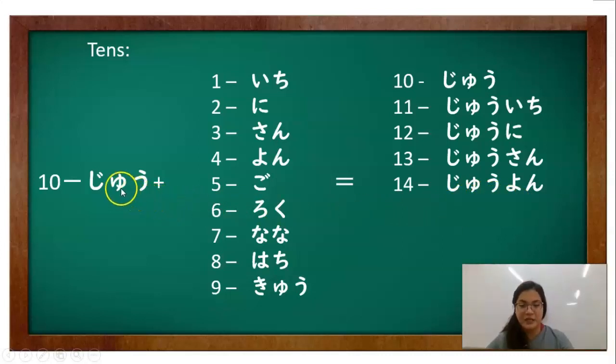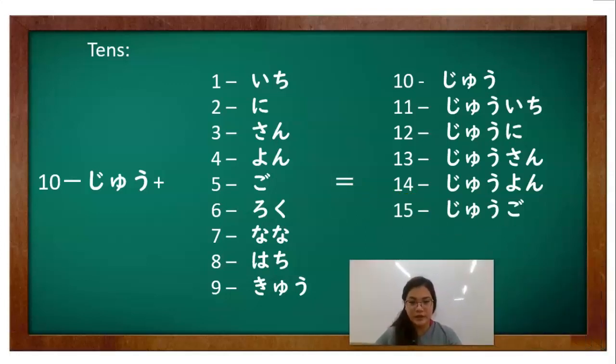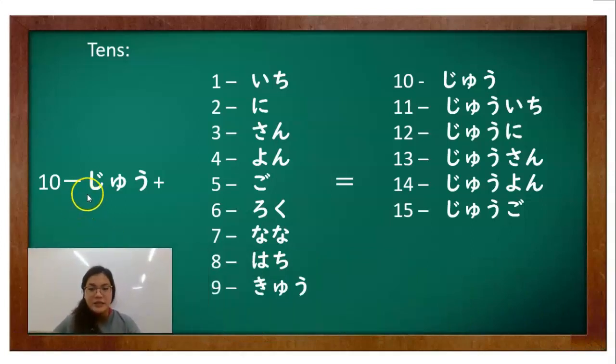Next, 15 is ju plus go equals jugo. Okay, next, 16. Ju plus roku equals juroku.